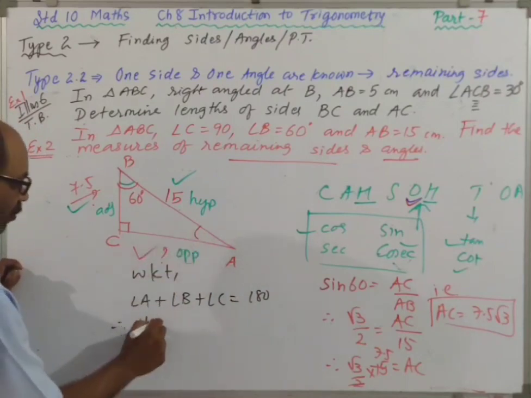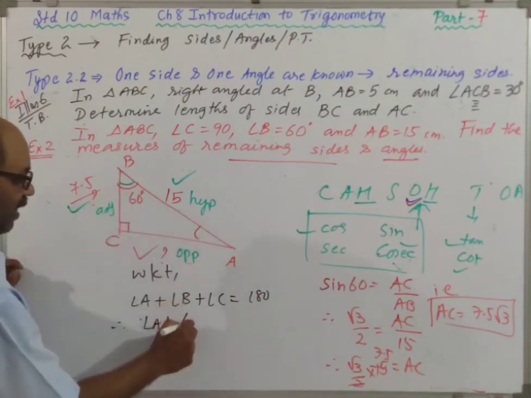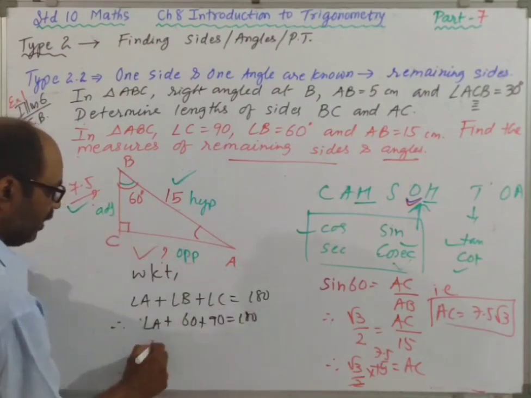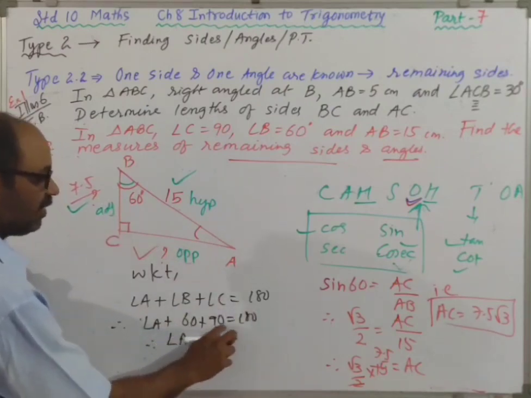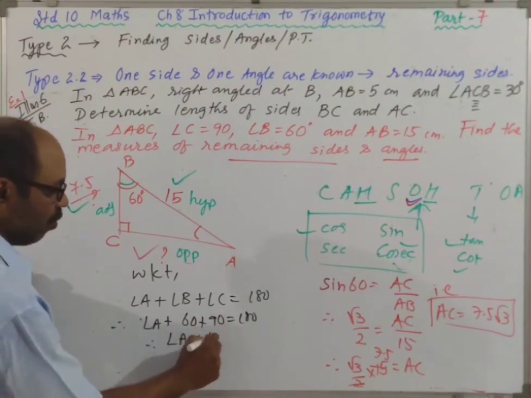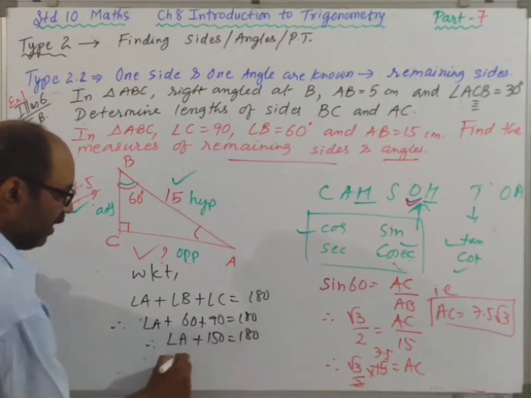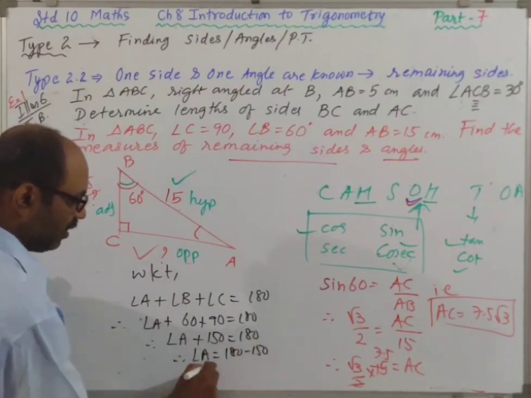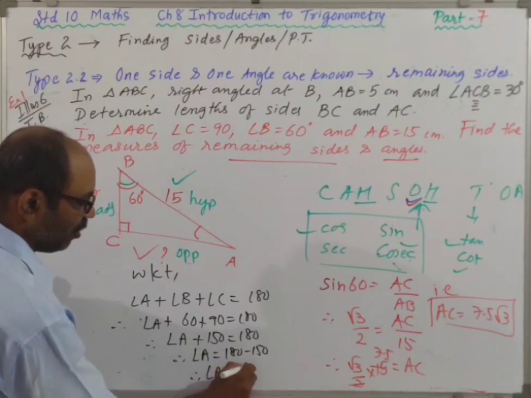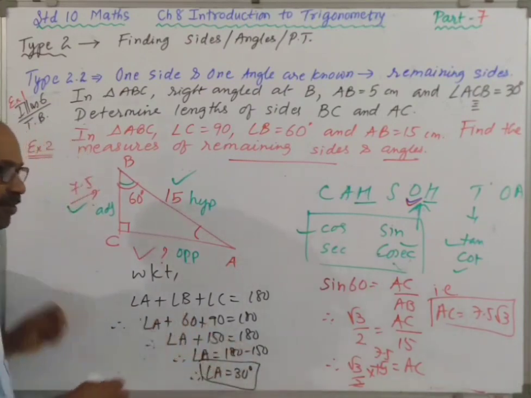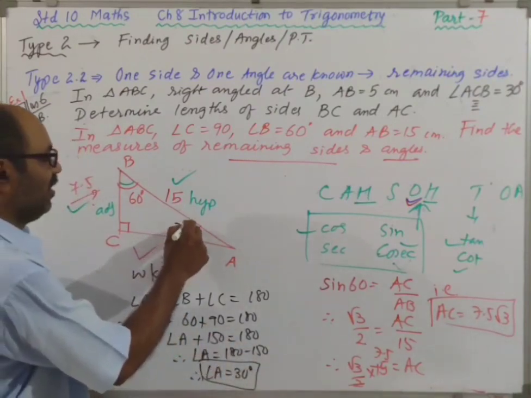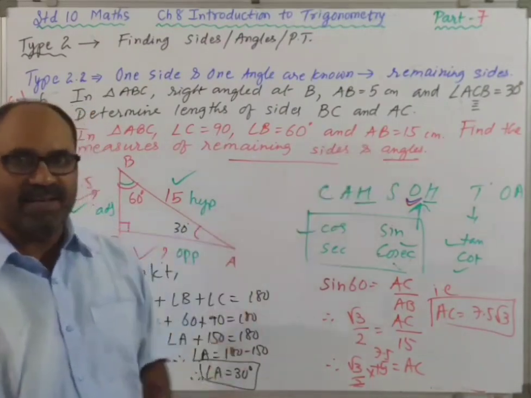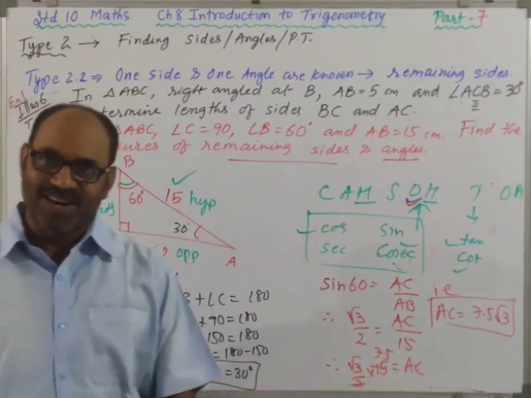A we do not know, B is 60, and C is 90, equal to 180. Total of the two numbers is 150. Take 150 on the other side. So 180 minus 150. Therefore, angle A is equal to 30 degree. If you subtract, you get 30. So you found the remaining sides and the remaining angle. Got it, children?